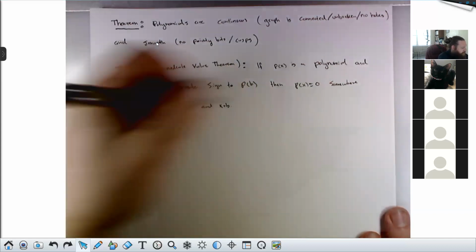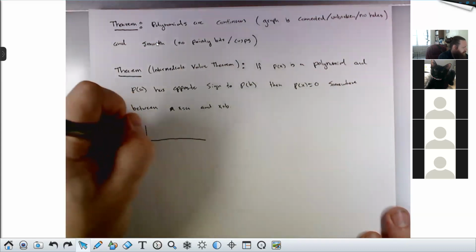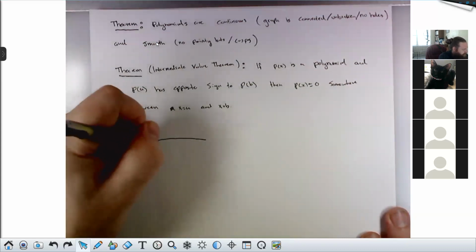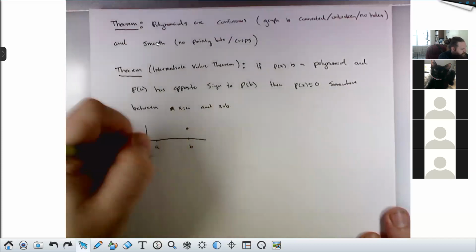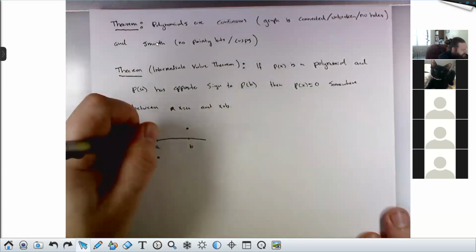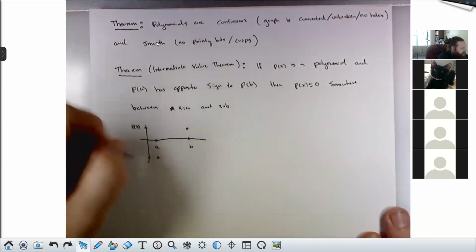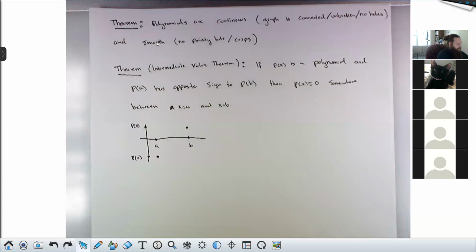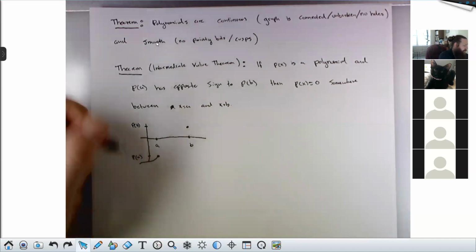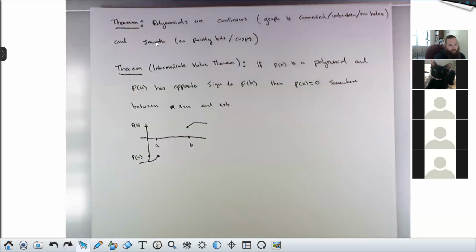The picture that kind of goes with this second theorem is tied to the first one. I'll draw sort of two pictures here. Maybe over here is A, over here is B. So when I say that P of A and P of B have different signs, that means one of them is positive and one of them is negative, and it doesn't matter which one. So here's some points on the graph of this polynomial, and maybe the graph goes off there and does stuff like that.